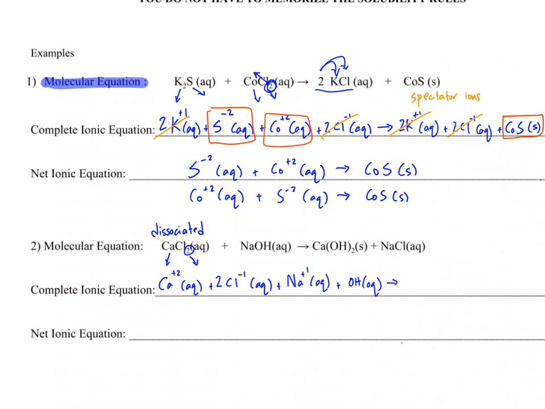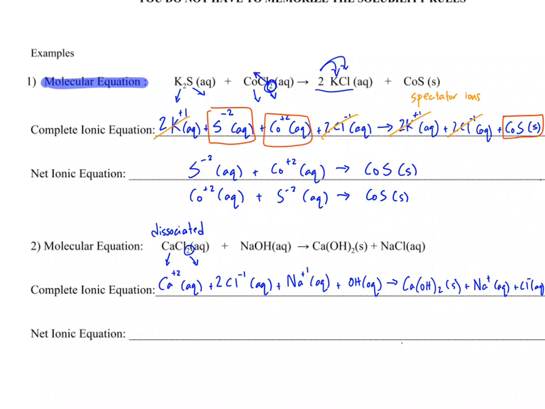And then I'm going to get calcium hydroxide as a solid. That's not going to dissociate because that's what was actually formed. So Ca(OH)2 as a solid. And then I get sodium as an ion and chlorine as its own ion.